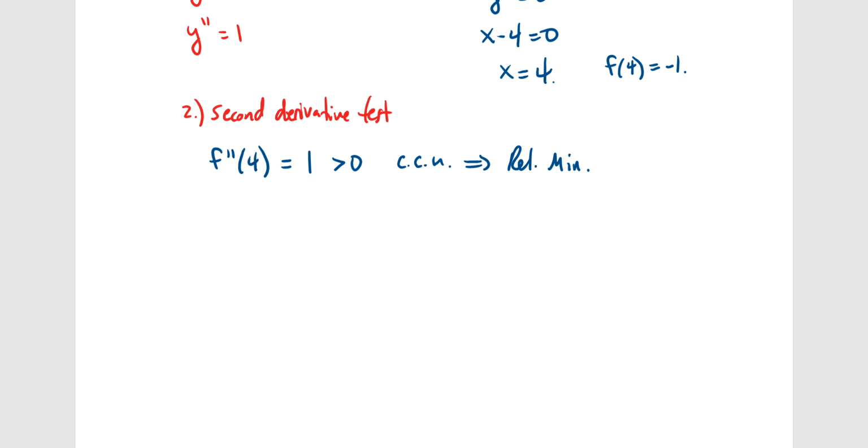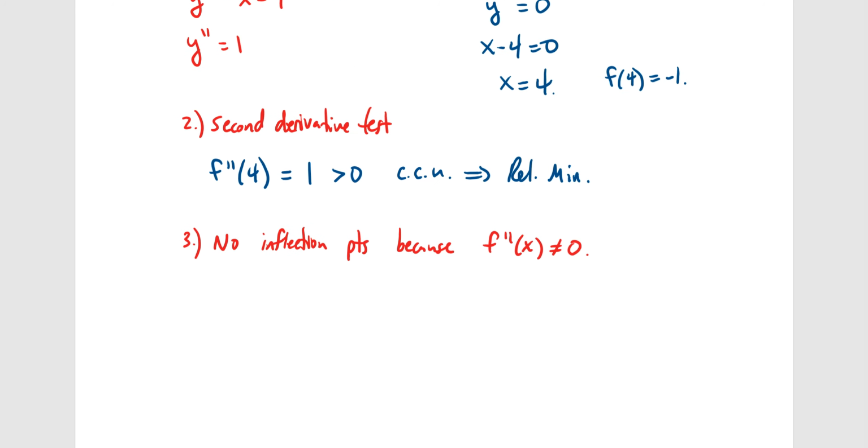And we know that there are no inflection points, because the second derivative will never equal 0 because the second derivative is just 1. That'll never equal 0.